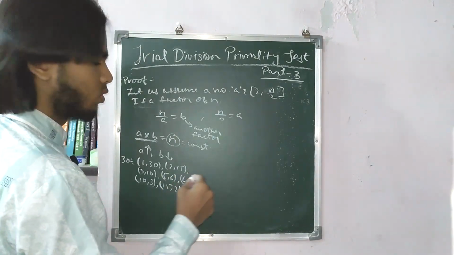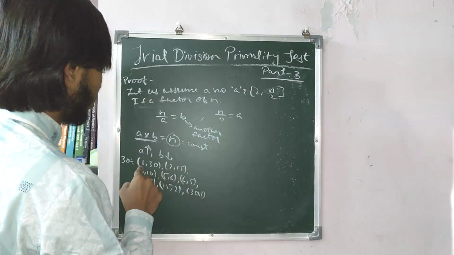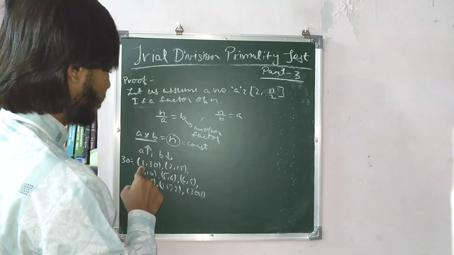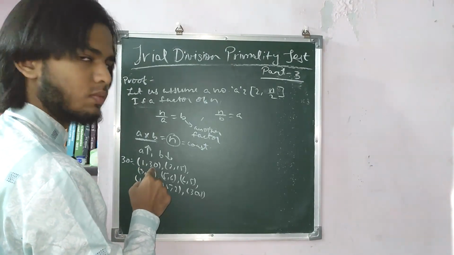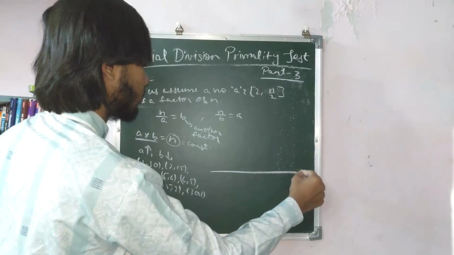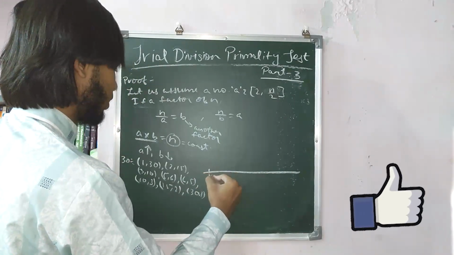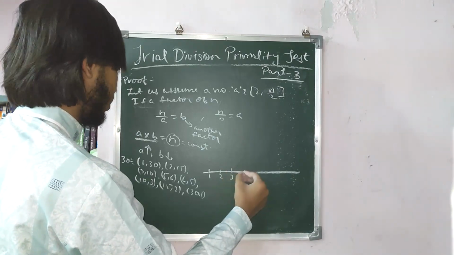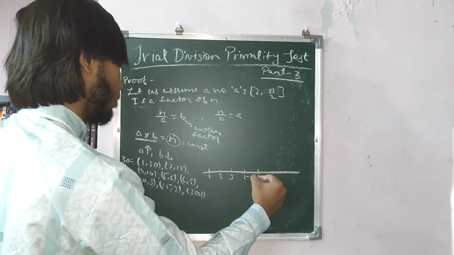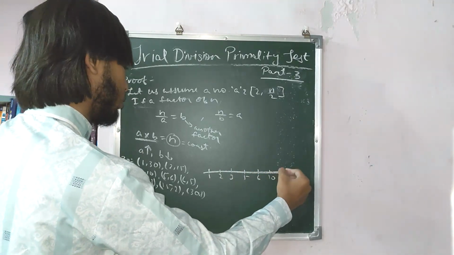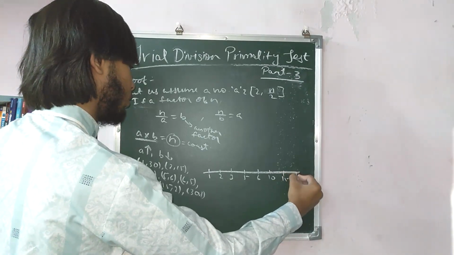Now let us suppose that the number on the left hand side is a and the number on the right hand side is b on a number line. So you can see we are going into very basic things also. 1, 2, 3, 5, 6, 10, 15, 30.